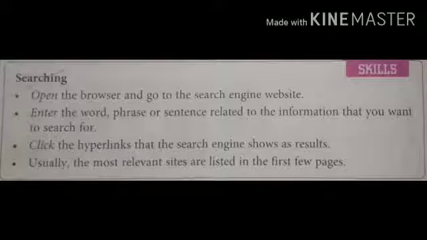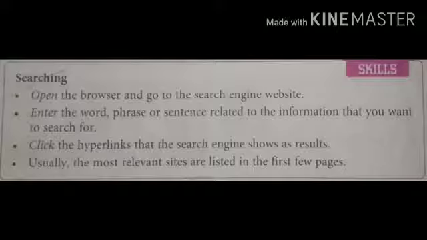Then enter the word, phrase or sentence related to the information that you want to search for. After that, as soon as you click the enter key, a list of hyperlinks will appear on your screen, which is usually blue in color.